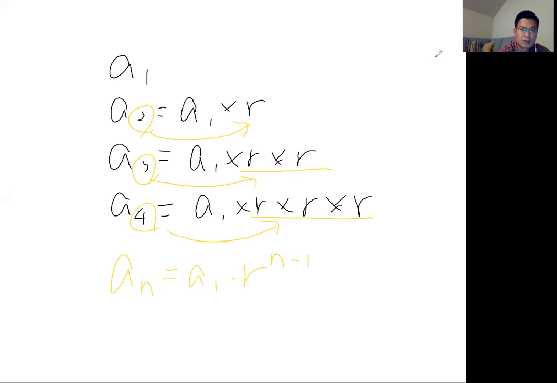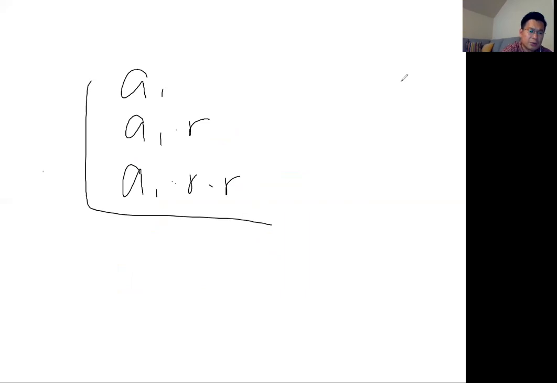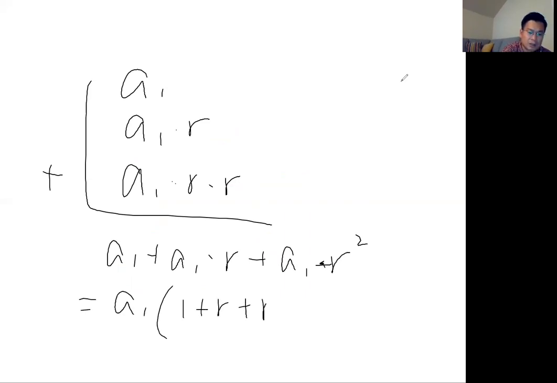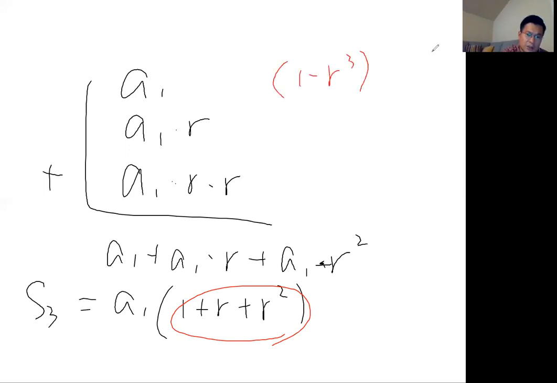And the second formula is, if you think about a1, a2 is a1 times r, a3 is a1 times r times r. So if you add these 3 up, it becomes a1 plus a1 times r plus a1 times r squared. If you take a1 out, it's a1 times (1 plus r plus r squared). That is S3. But then there's a formula that 1 minus r cubed is (1 minus r) times (1 plus r plus r squared).